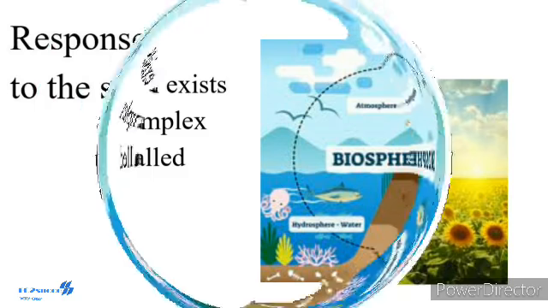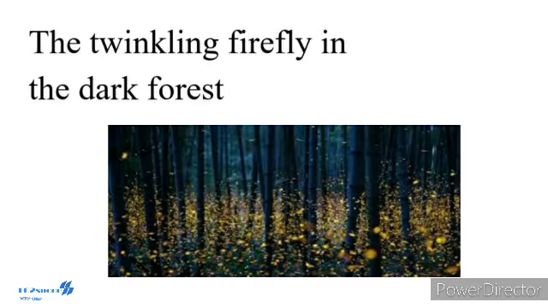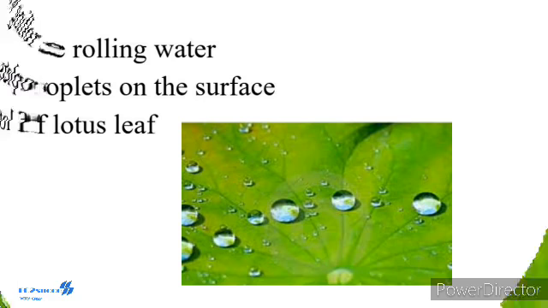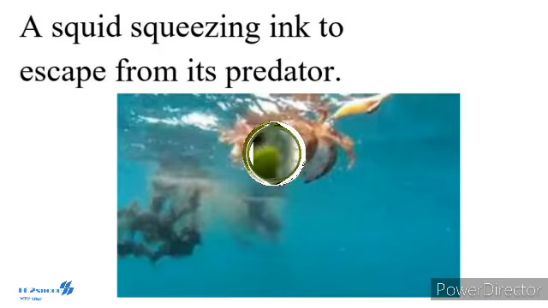For example, the response of the sunflower to the sunlight, the twinkling firefly in the dark forest, the rolling water droplets on the surface of a lotus leaf, the closure of the leaf of Venus flytrap on insect touch, and a squid releasing ink to escape from its predator. From this, it is clear that the wonder planet Earth harbors both landforms and life forms.